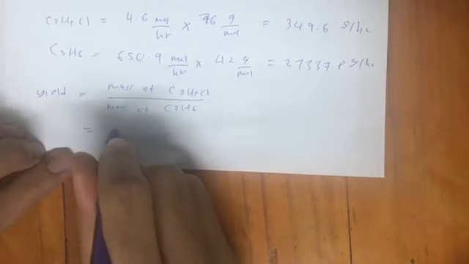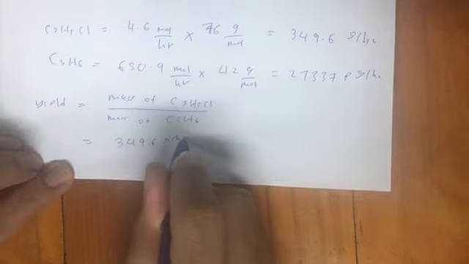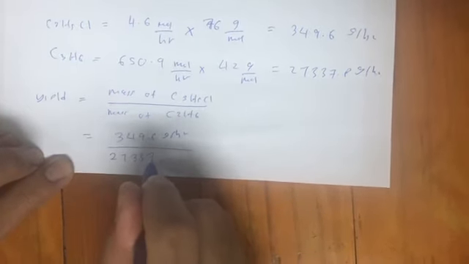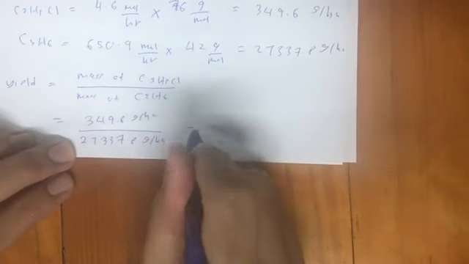So 349.6 gram per hour divided by 27337.8 gram per hour.